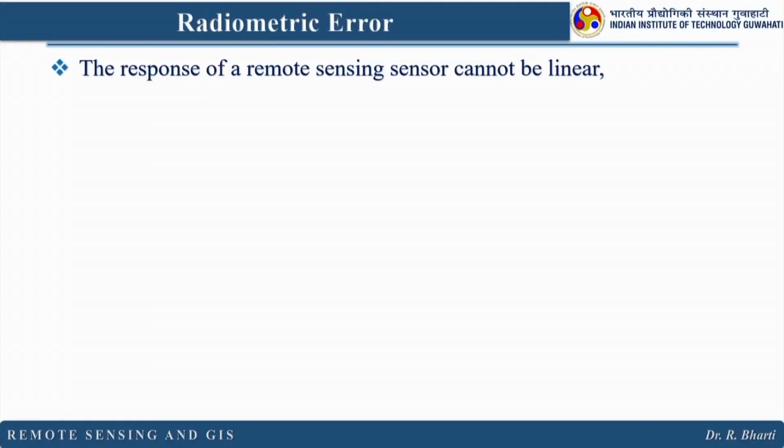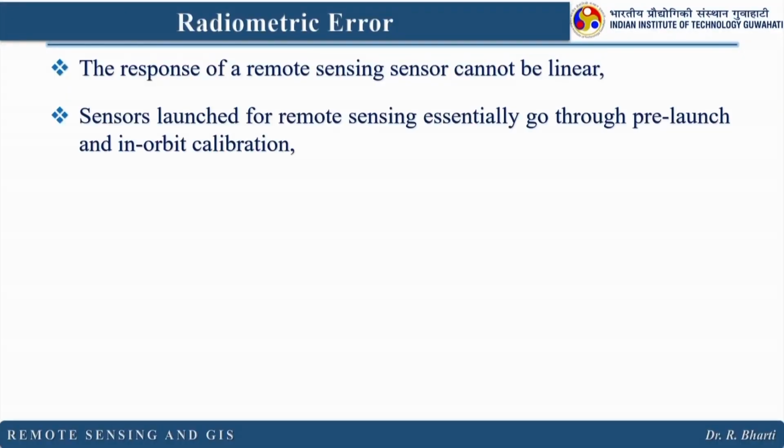In case of radiometric error, the response of a remote sensing sensor cannot be linear. Sensors launched for remote sensing essentially go through pre-launch and in-orbit calibration, because these calibration values, do you remember, gain, offset, everything, in order to convert the DN value to radiance, radiance to reflectance, we were using all the information from this calibration, right?